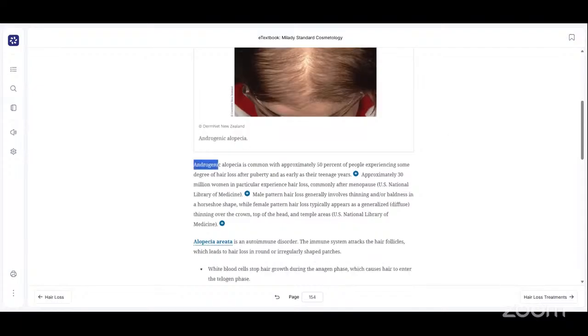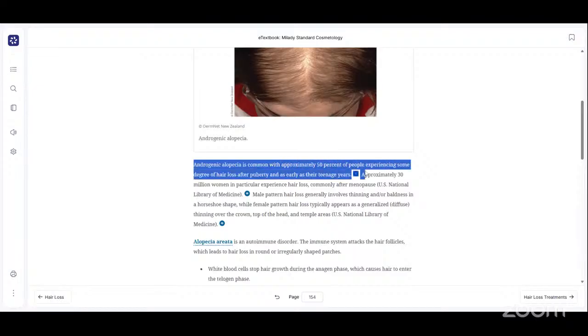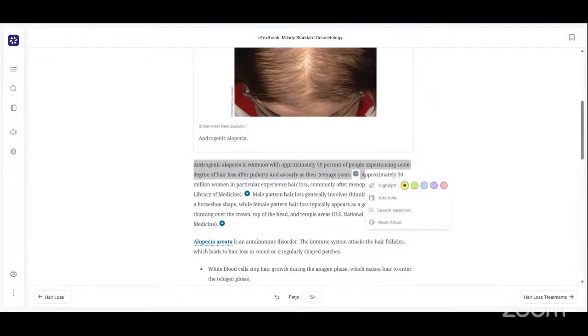I'm taking note. Androgenetic alopecia is common, with approximately 50% of people experiencing some degree of hair loss after puberty and as early as teenage years. So we have children dealing with androgenetic alopecia, hair thinning, hair breakage. You know how kids can pick on kids.